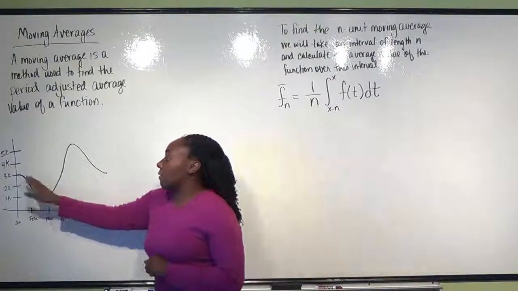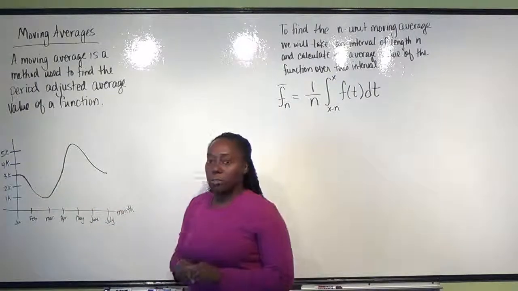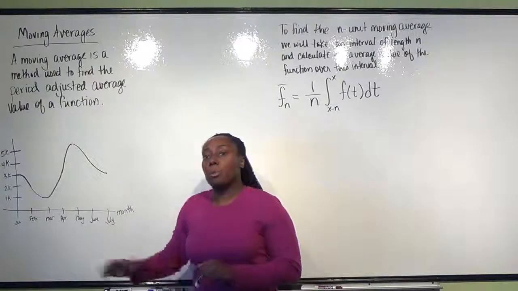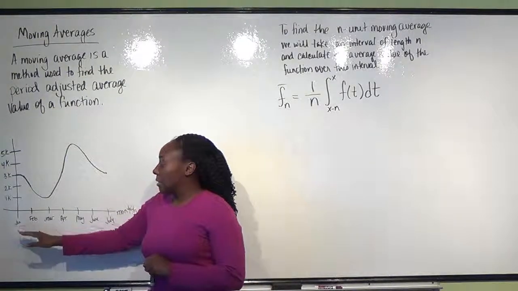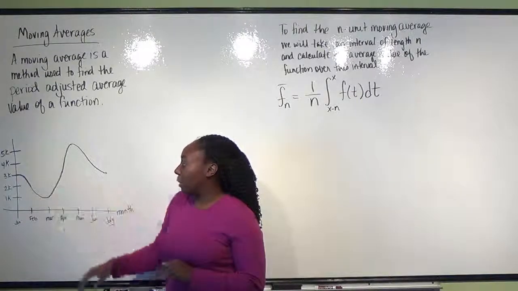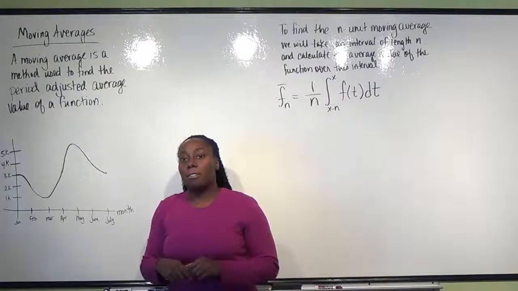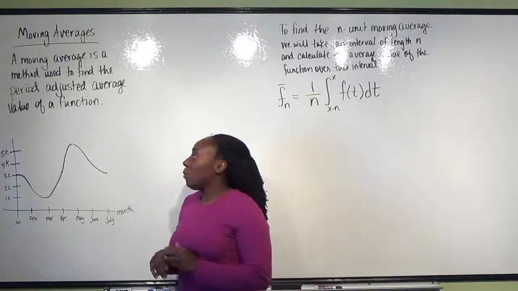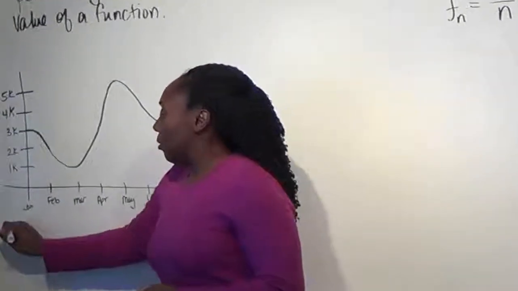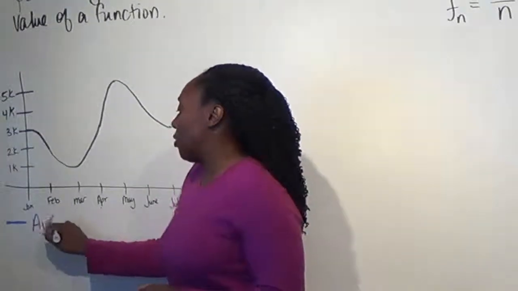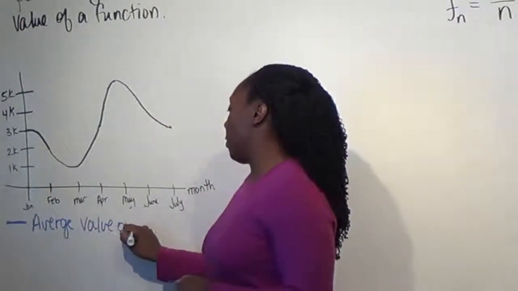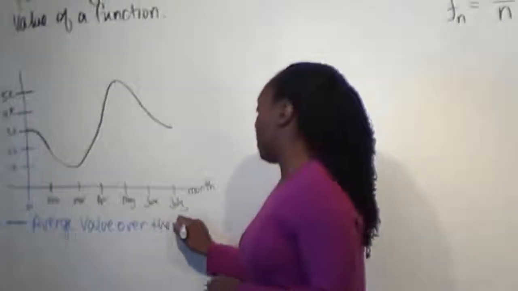So here I've got a graph of a function over some interval, and I'm going to break this up by, let's say it's profit earned per month. So I can see here in January we earned about $3,000, here in April we earned about $3,000, in May it was about $5,000, and so forth. And so what we mean by an average value is, and I'll use the blue here to denote the average value over the 7-month period.